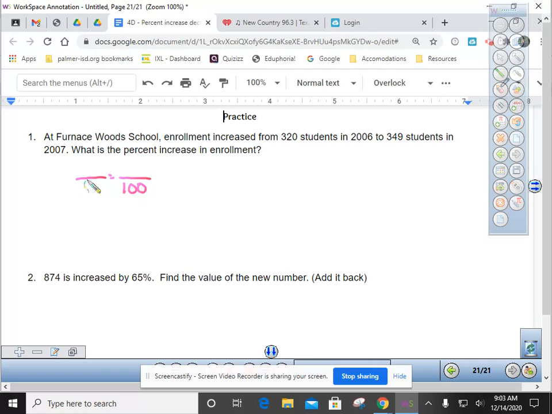What is the original amount? 320. What is the change? You have to subtract from 349. Good job. 29. And that is what goes right there.